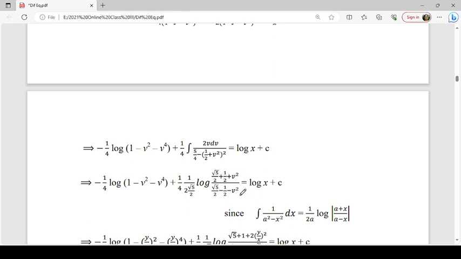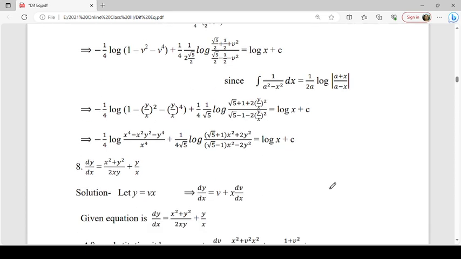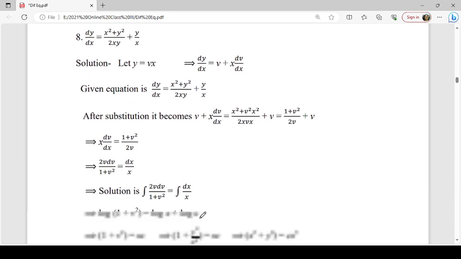Again we substitute v as this, then we substitute again v as y by x, and this becomes a function of xy. So this is the solution. So these are like this, same procedure.